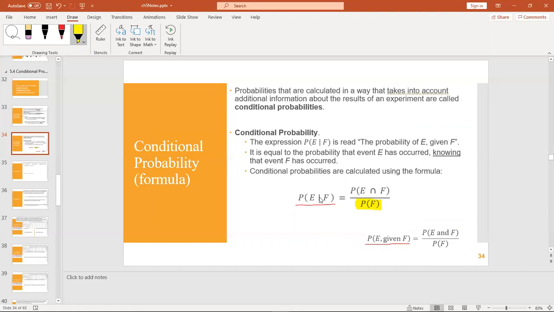What is on top is what we've seen previously, the probability of E intersect F, or the probability of E and F, the two events happening together, divided by the probability of the prior condition. That is the formula for conditional probability.